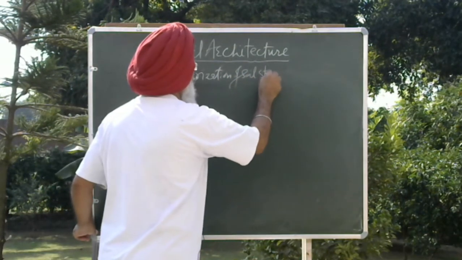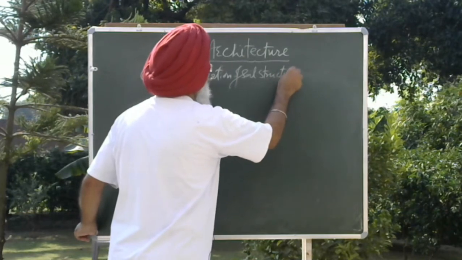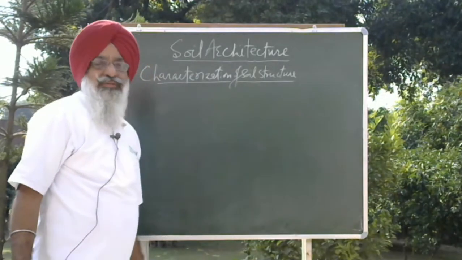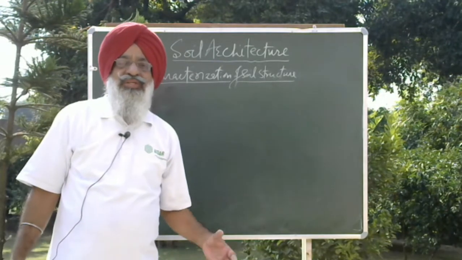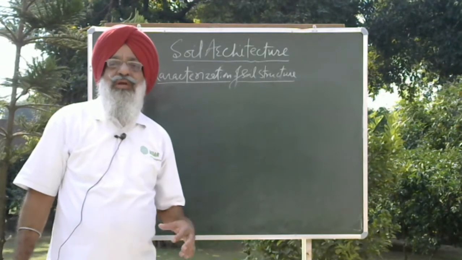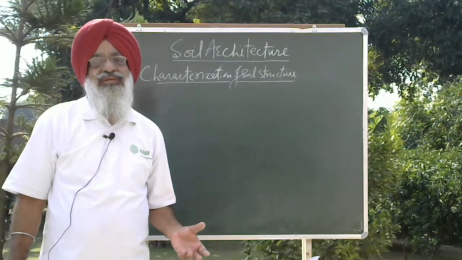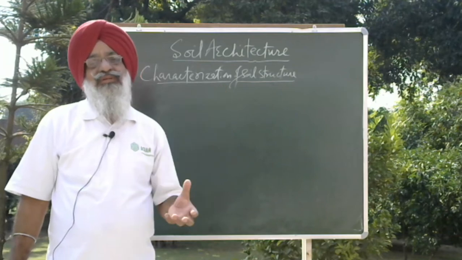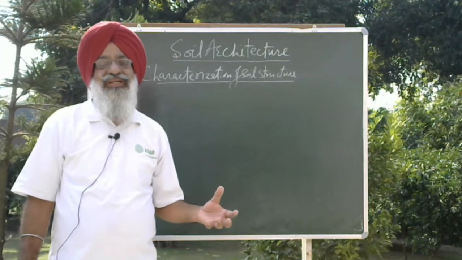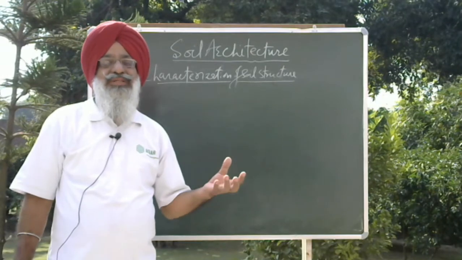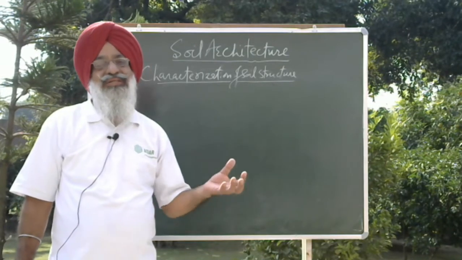Soil aggregates could be characterized, or I should better say could be classified, on the basis of their shape, on the basis of their size, and on the basis of their strength. On the basis of shape you may have different types of aggregates like platy, angular, subangular, blocky, spheroidal.